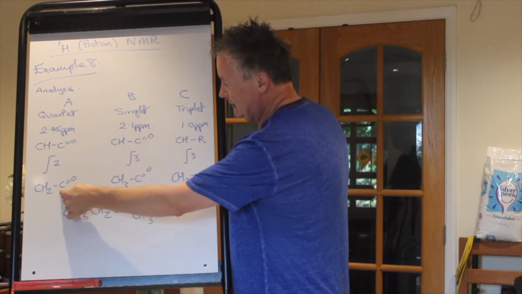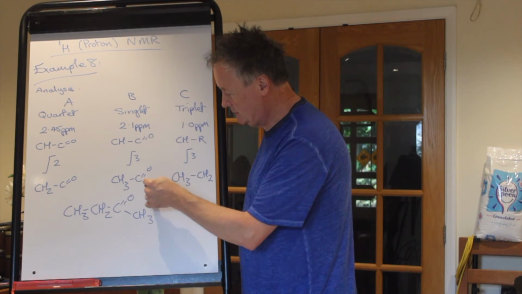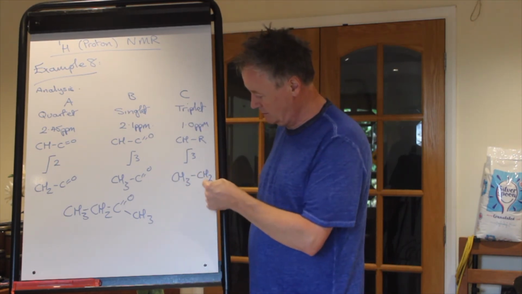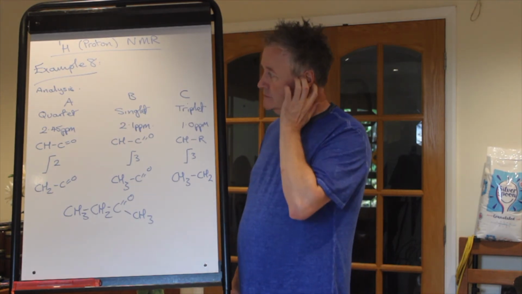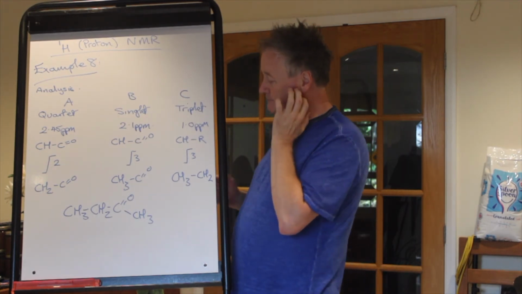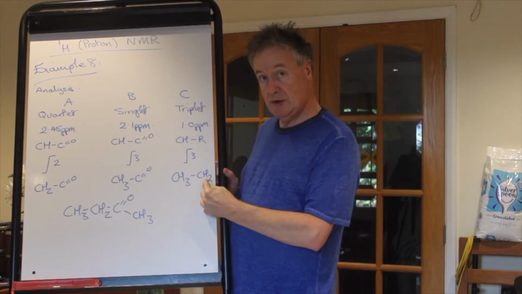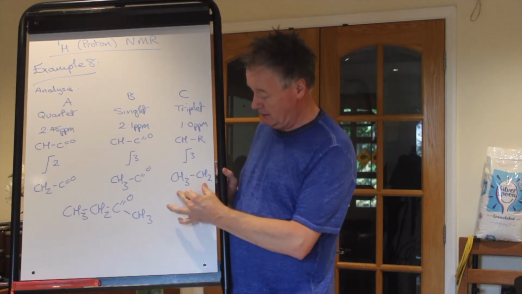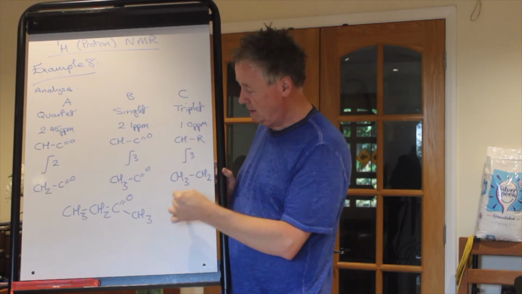So therefore that has to be CH2 C double bond oxygen, that is CH3 C double bond oxygen, and that is CH3 because of the 3, next to a CH2. Now when you look at that, if we're looking at this hydrogen, 2 next to it, 2 plus 1, triplet, that's a 3.